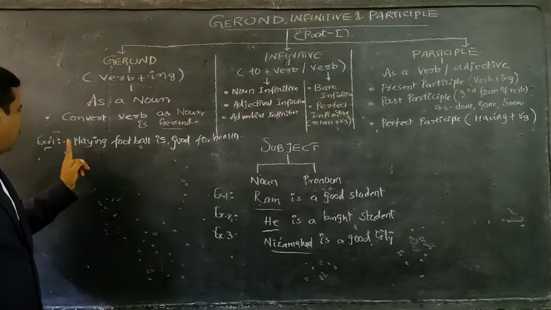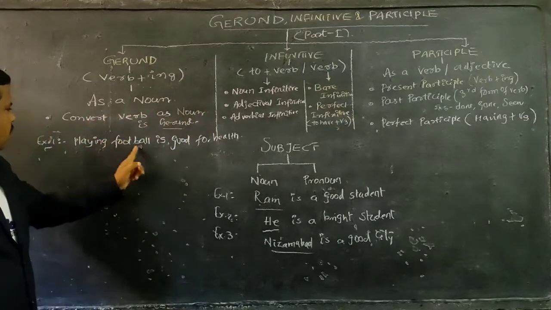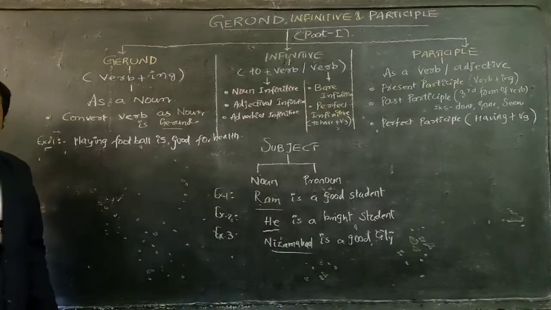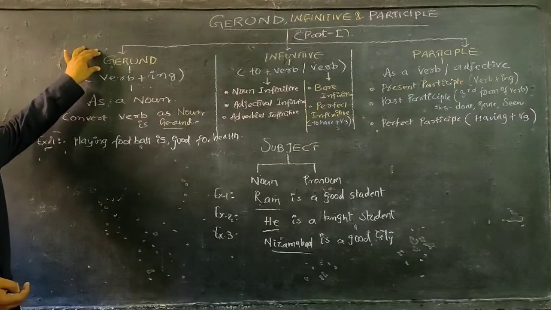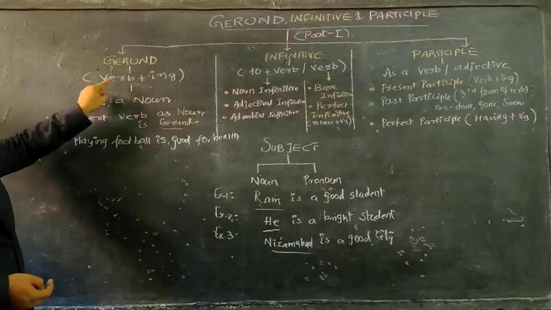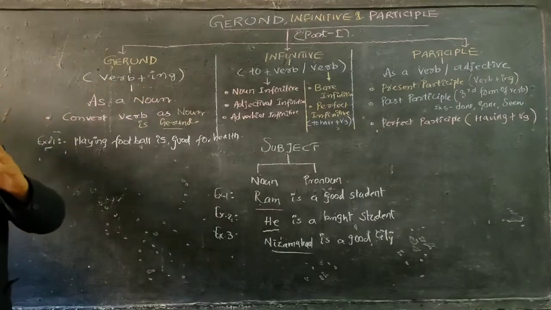Let us see this example. Playing football is good for health. Now, what characteristics are there to become a gerund? This is very important. A gerund should always contain verb plus ing form.